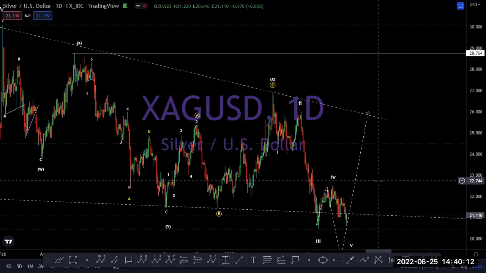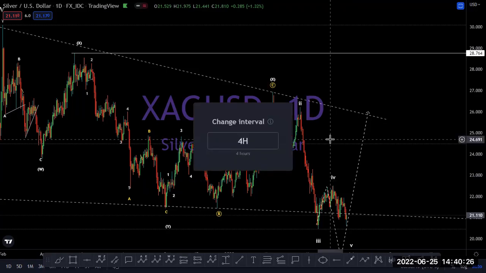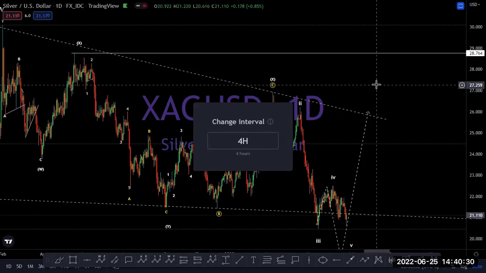Okay, let me go to 4 hours. Wave 4 didn't give us what we expected to get. Sometimes it may be caused by lack of volatility, or maybe something else.